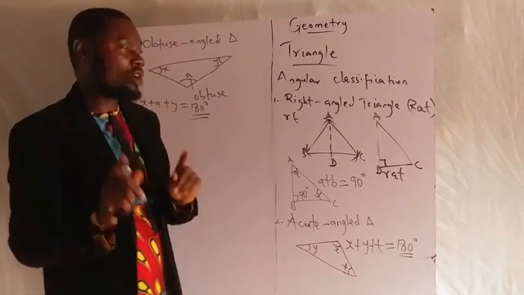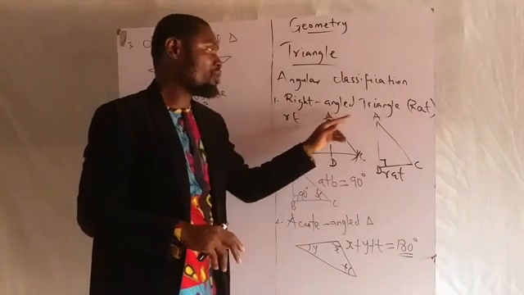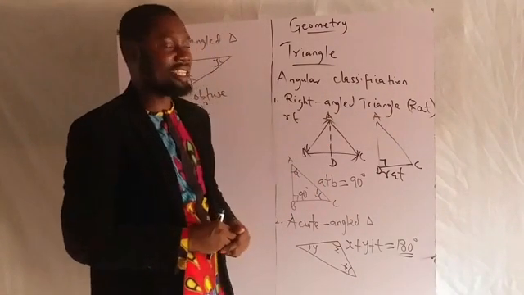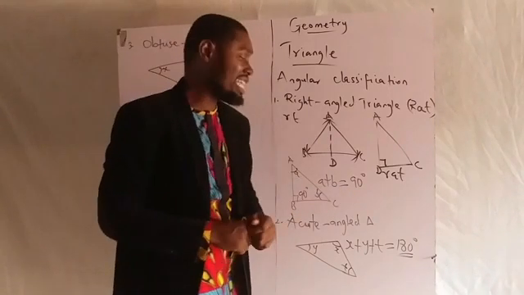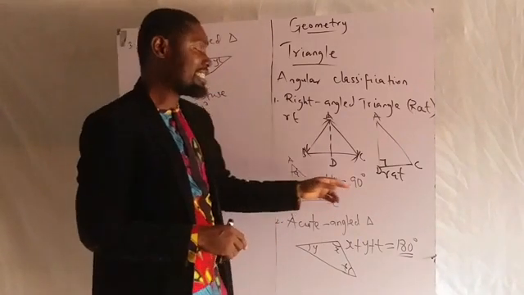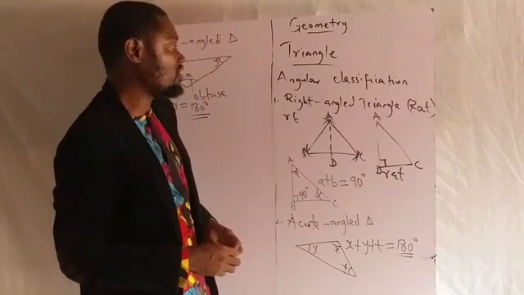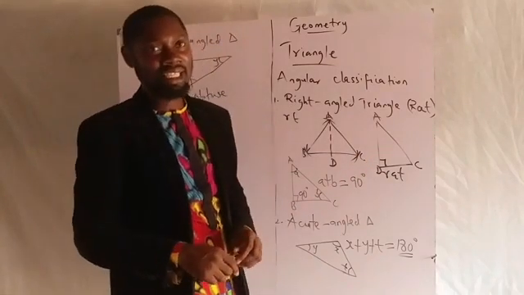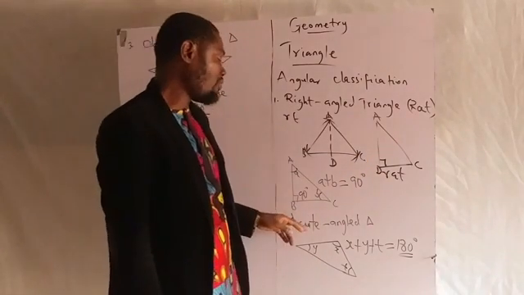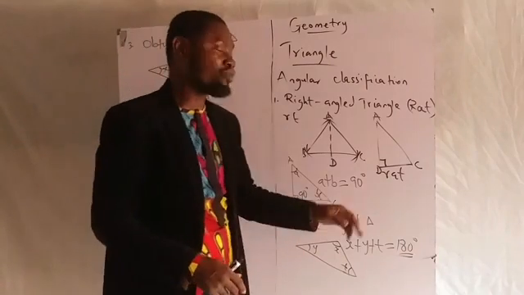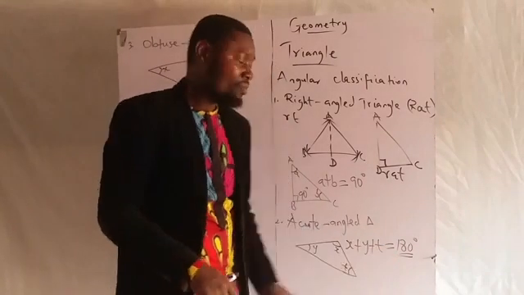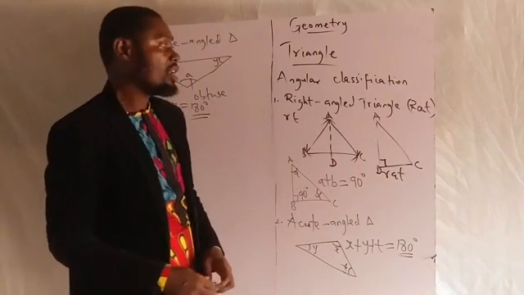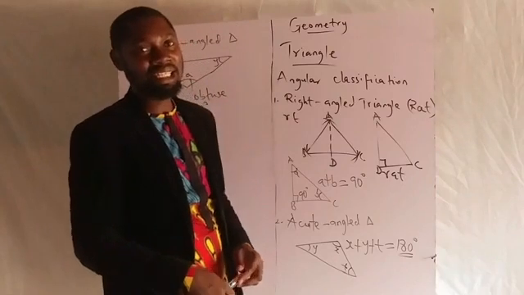So that you will not get confused, for the right angle triangle, if you add up the two angles you have inside, what you have is 90 degrees. The sum of the interior angles in a right angle triangle is 90 degrees, while the sum of the interior angles in the acute angle triangle is still 180, but in the acute angle triangle, one of the interior angles is less than 90 degrees.